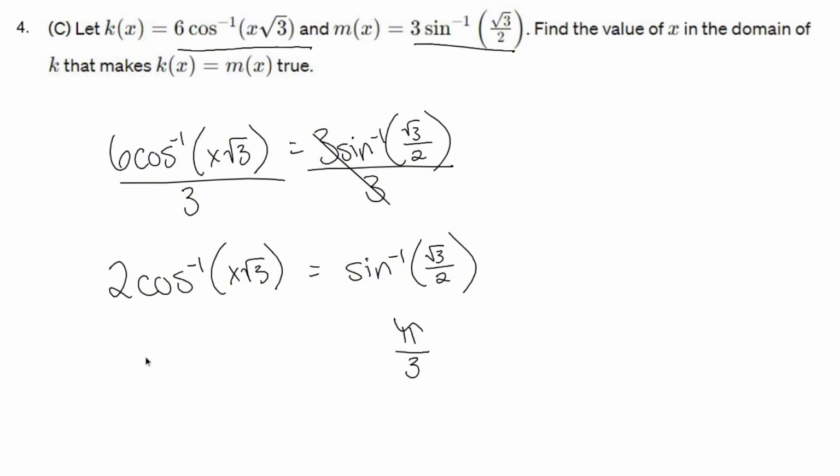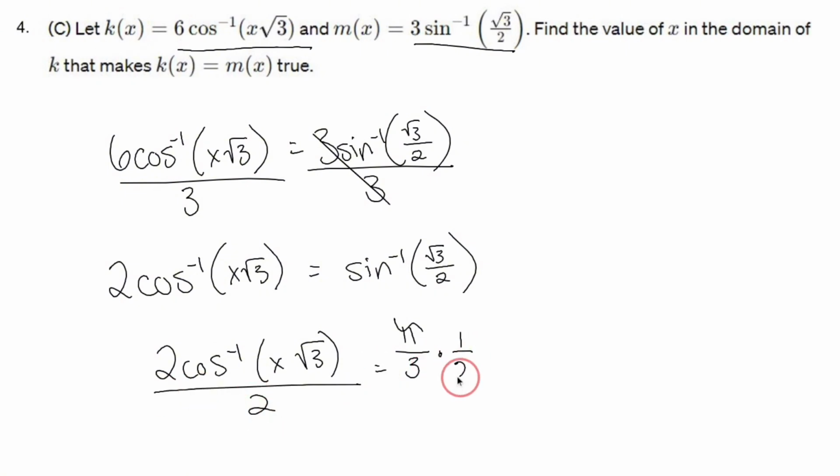So I now have 2 times inverse cosine of x root 3 on the left side. I can divide both sides by 2, which kind of seems counterproductive. By the way, that's the same thing as multiplying by a half. So again, kind of seems counterproductive to what I did before.